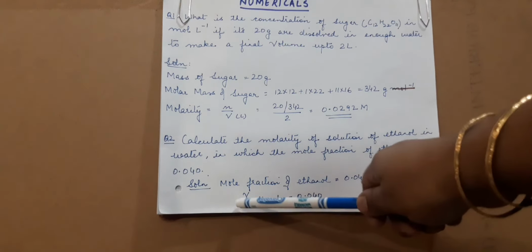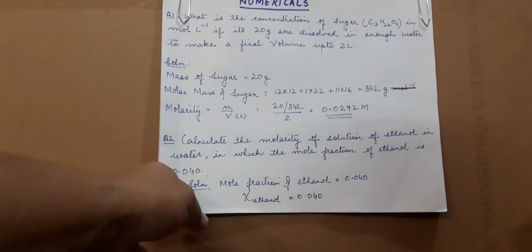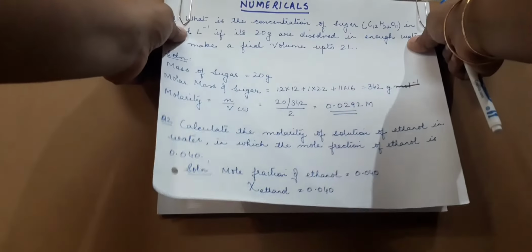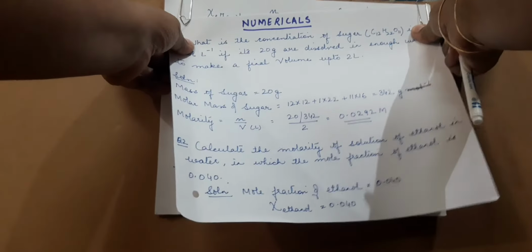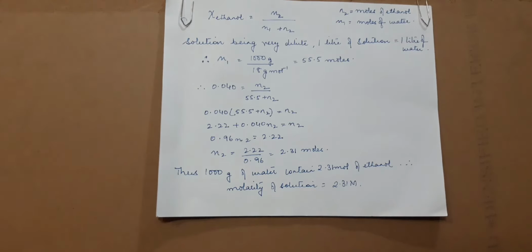Mole fraction of ethanol means X ethanol is equal to 0.040. And what is mole fraction? Number of moles of ethanol by the total number of moles would be the mole fraction of ethanol.